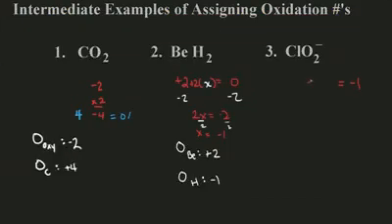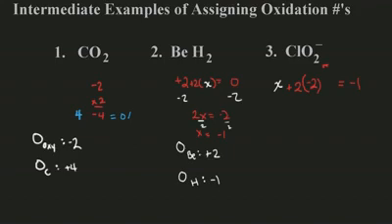So I put a -2, and I know it's 2 times it because of the subscript. So I ask myself, what do I need to add, again I'll label it as x, to what I have now to get a -1 charge. So just solve the equation at this point.